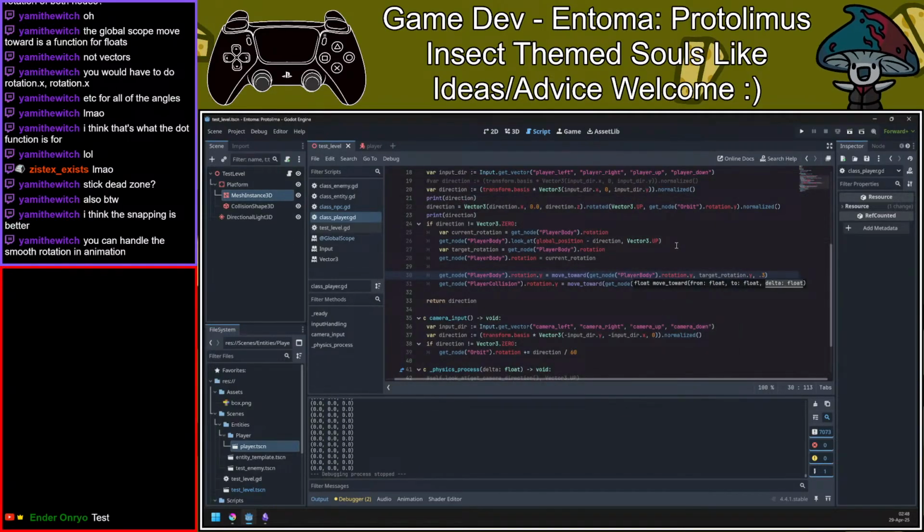You can handle smooth rotation and animation. Yeah, I suppose this rotation is just placeholder. Although I would want the hitbox rotation to match. I want the collision to match the visual.